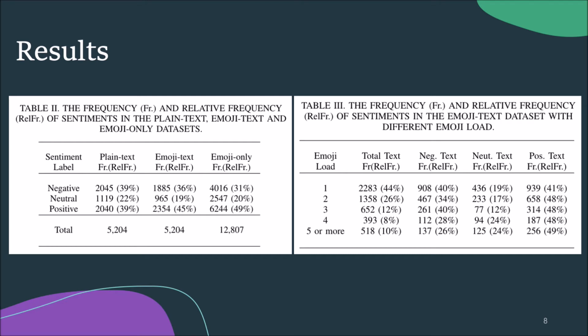Similarly, the proportion of neutral or positive text increases. This may reflect that for negative text, it's sufficient to use one emoji to signal the negative sentiment in Arabic, whereas for positive sentiment, additional emoji are used to provide more emphasis.